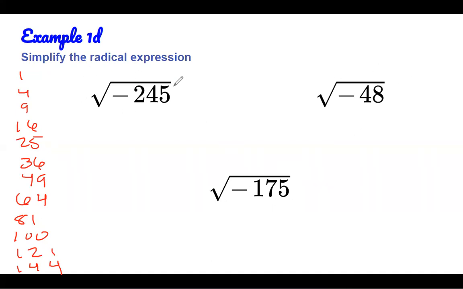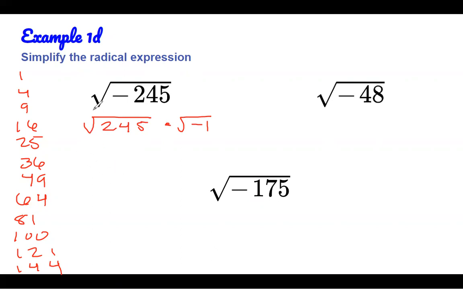So for example, the first one, 245. So I'm going to go ahead and separate it first. Square root of 245 times square root of negative 1. 245 would be what? What times what is 245?